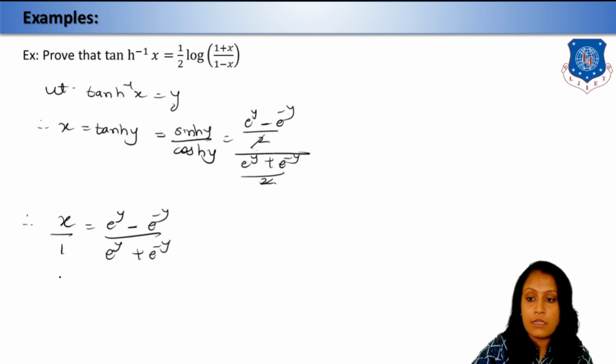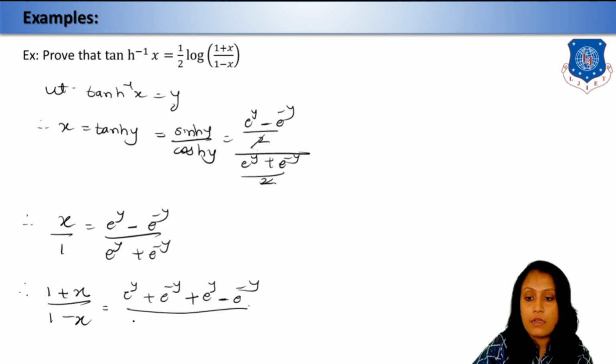Now we will use the componendo and dividendo rule, that is denominator plus numerator upon denominator minus numerator. So this is e raised to y plus e raised to minus y, add them, so plus e raised to y minus e raised to minus y, and again here e raised to y plus e raised to minus y.